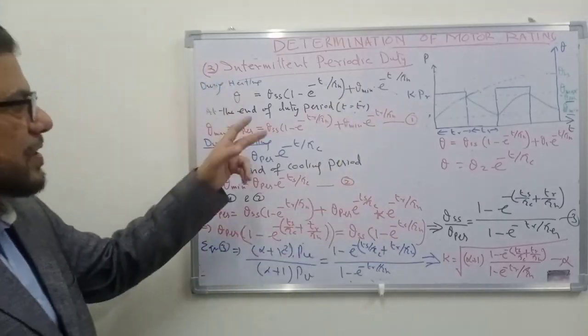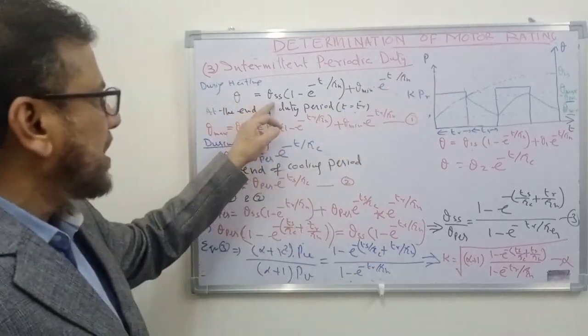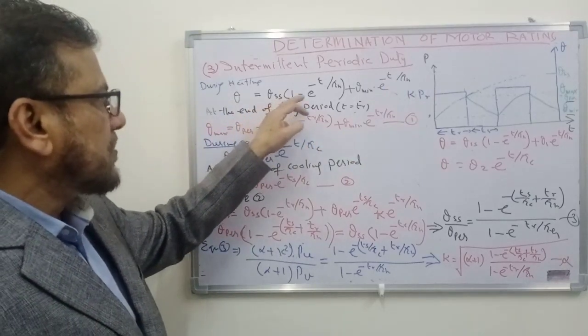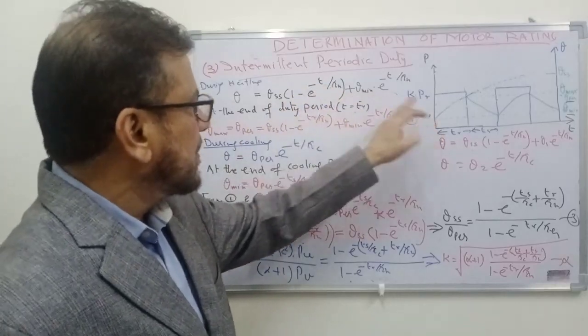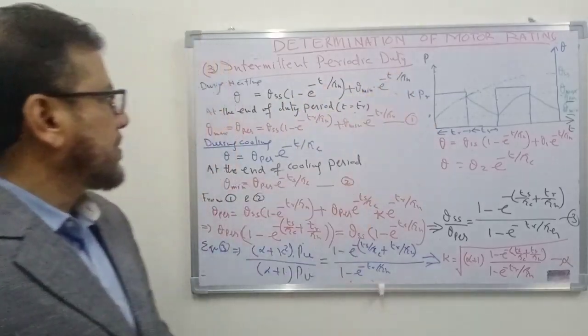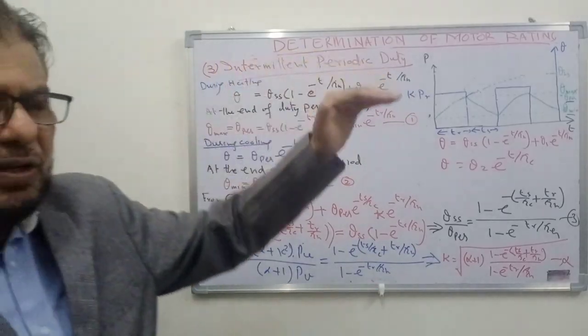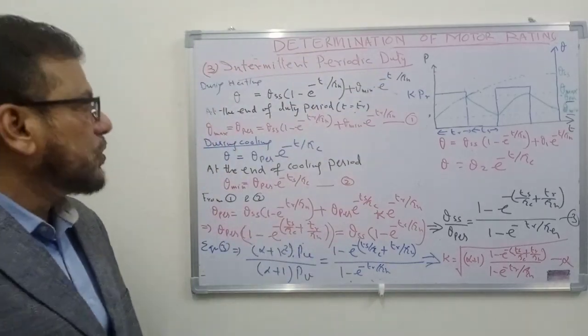So during heating, the equation is like this: theta equal to theta SS (1 minus e to the power minus t upon tau h) plus the minimum temperature theta min e to the power minus t upon tau h. So this is the equation of temperature rise during the heating period or the running period of the motor.